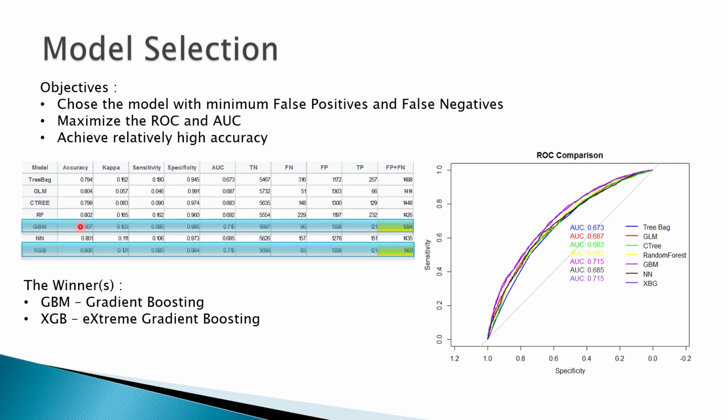And if you pay attention to the accuracy, it is also higher than the rest of the models. So we have winners, GBM and XGBM in this case. So I'll be using these 2 models for my prediction web application.